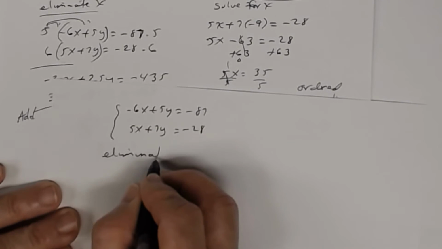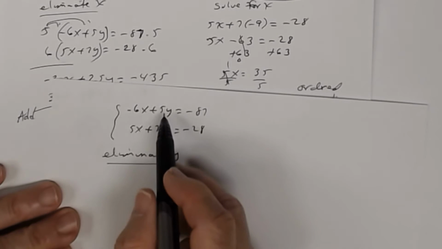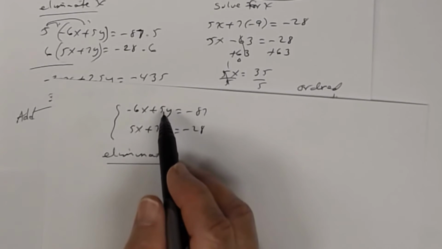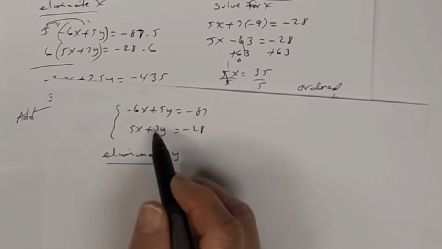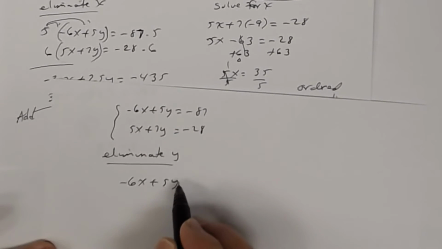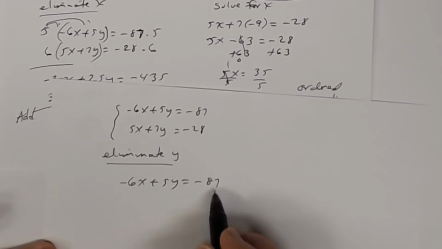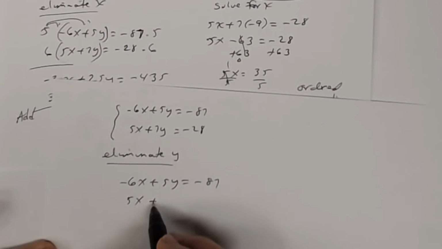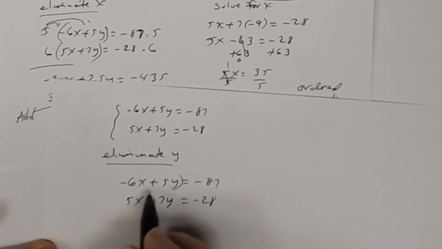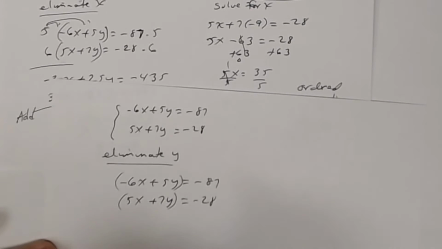Eliminate y. Okay, so the least common multiple of 7 and 5 is 35, but notice this time they both have the same sign. So when I go ahead and multiply both equations by a number, I have to make sure that one's negative and the other one's positive.